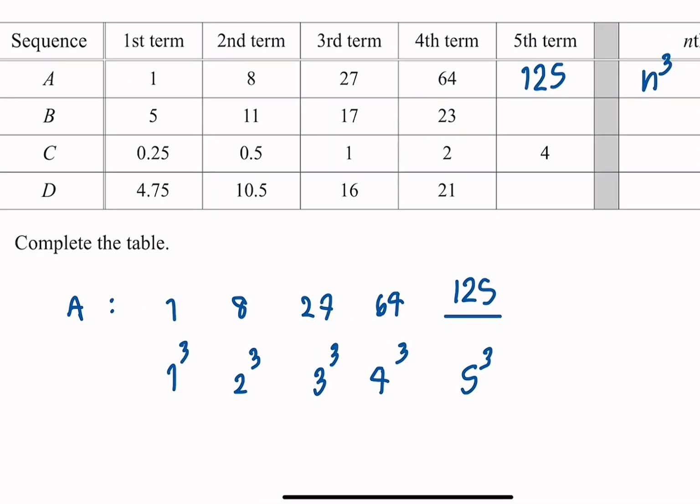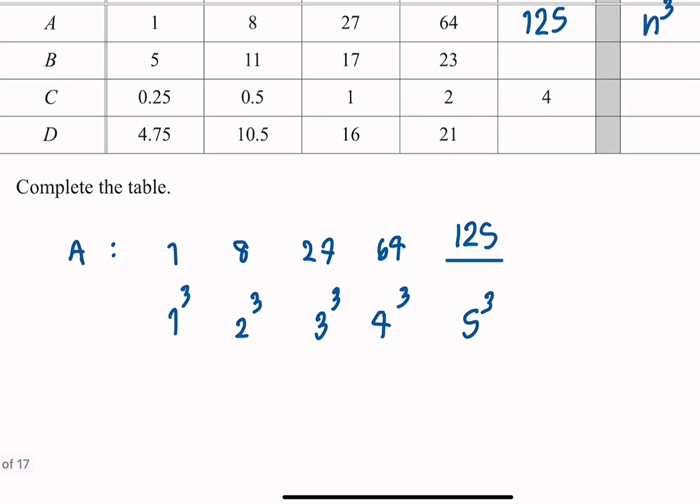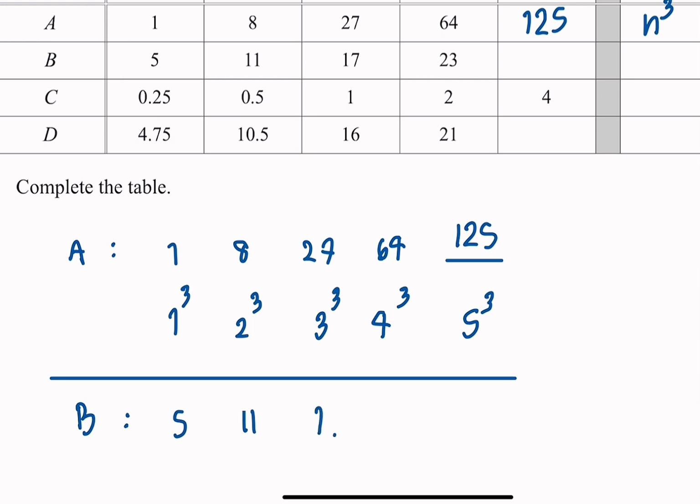Next, the sequence B. The sequence B contains 5, 11, 17, 23, and blank.